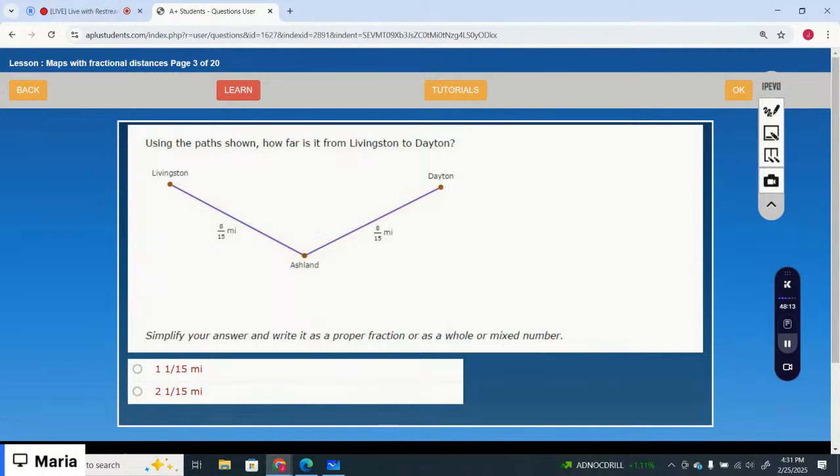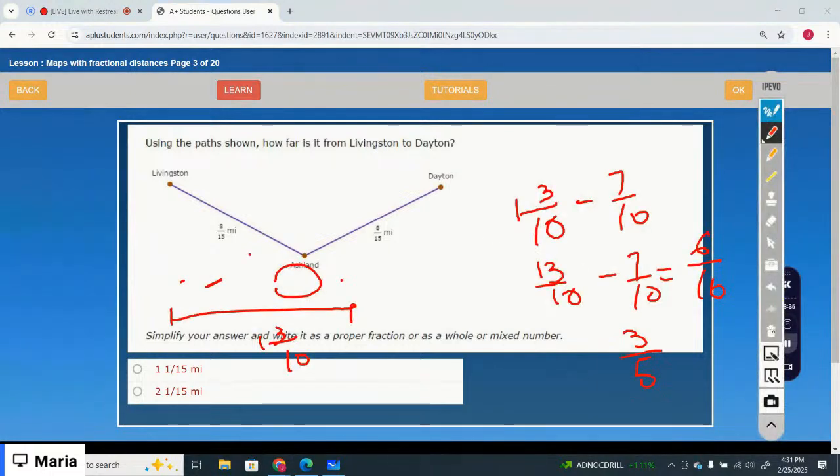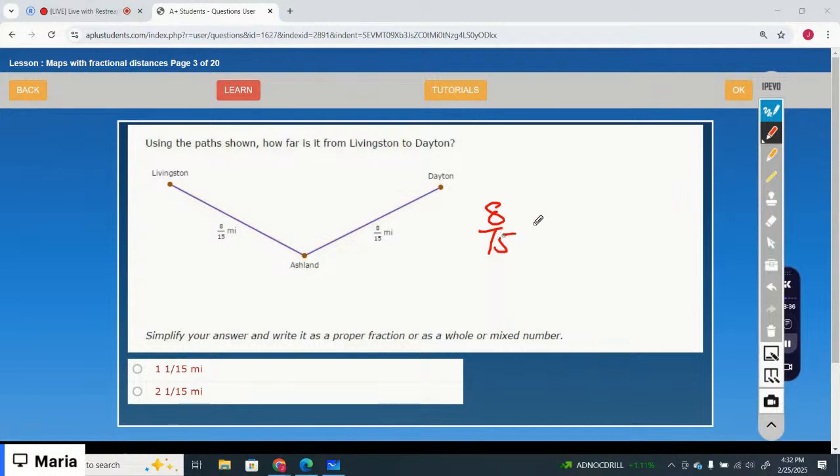Using the path shown, how far is the distance from Livington to Dayton? You have to find the distance from Livington to Dayton, so you just have to add all the distances, that is 8 over 15 plus 8 over 15. 8 plus 8 is 16, that is 16 over 15.